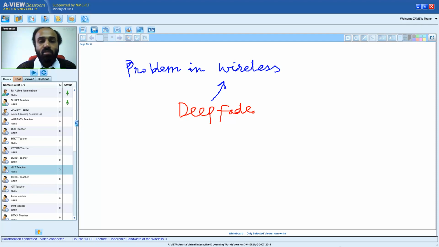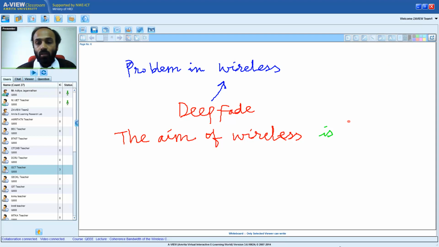So basically the aim of a wireless communication system, the aim in wireless communication technology, is to overcome this problem of deep fade.